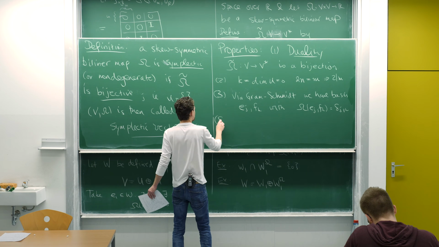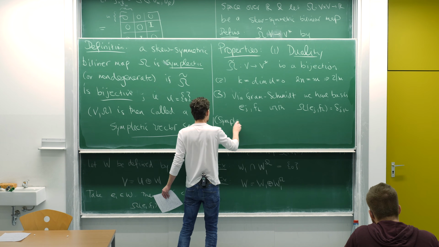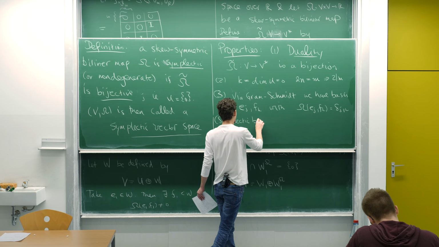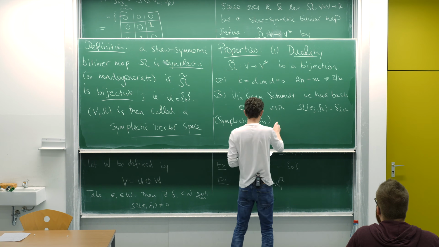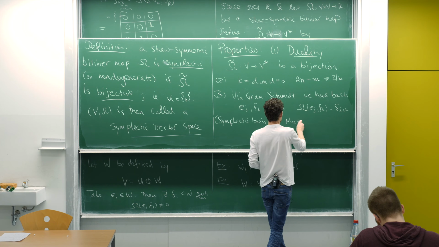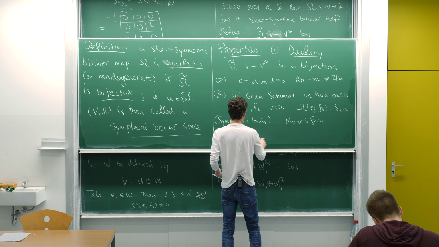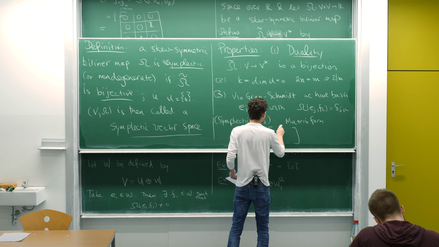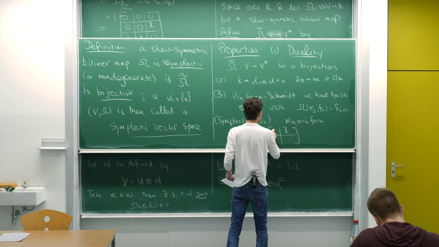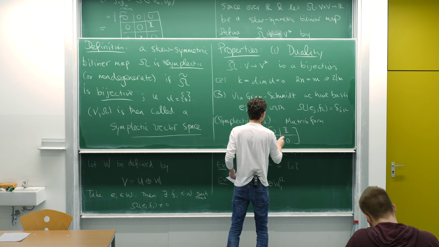This is called the symplectic basis. And in matrix form, omega has this 2 by 2 block matrix structure, like so.